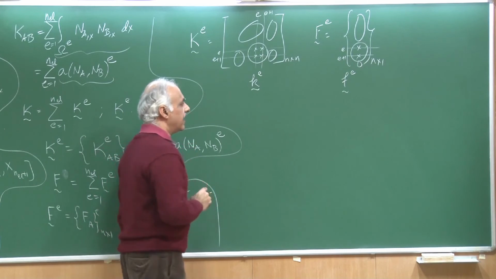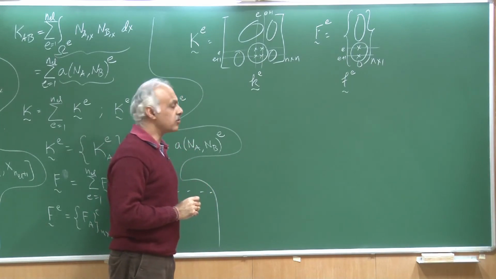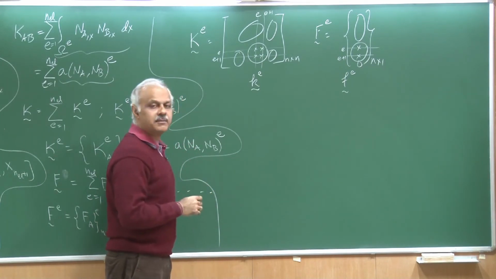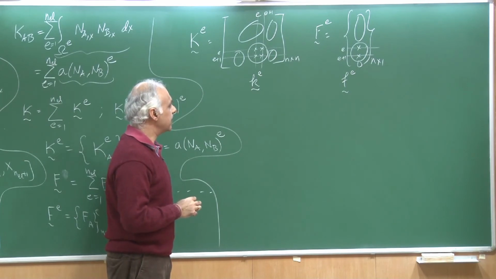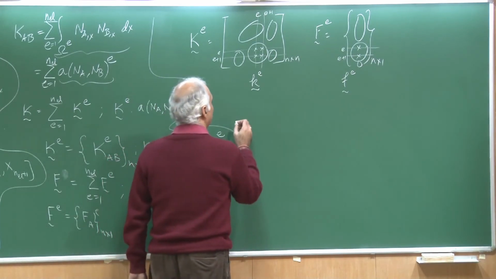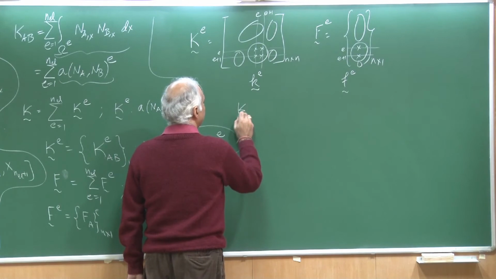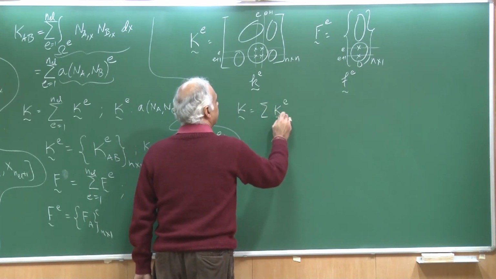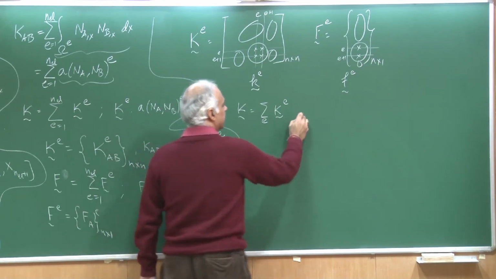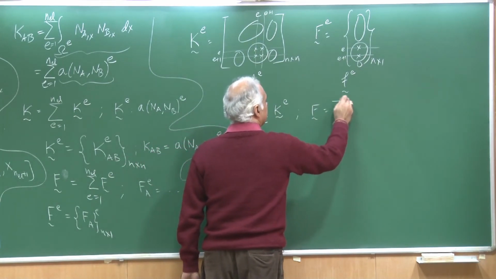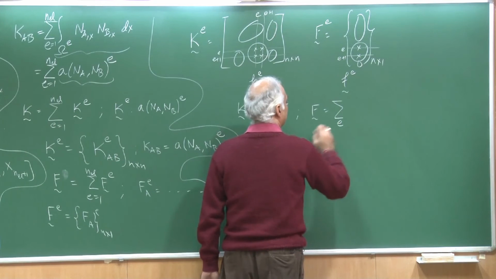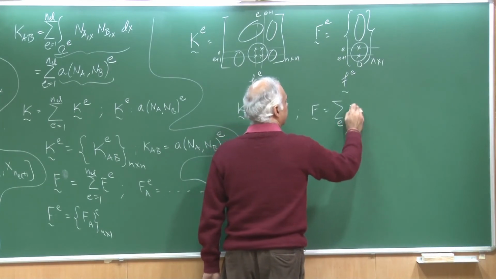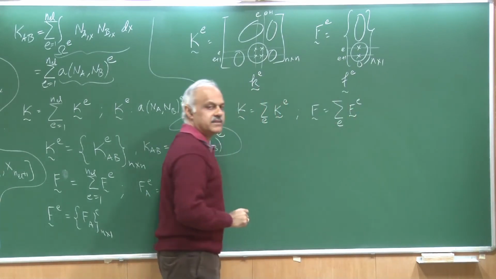So, in today's lecture, this is what we are going to look at. We had done this earlier, but I thought I will explain it to you in a little bit more detail. So, K is given as summation of Ke over all elements, and F is given as summation of Fe over all elements.